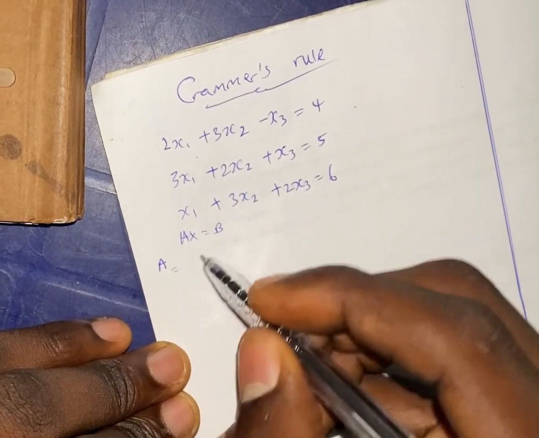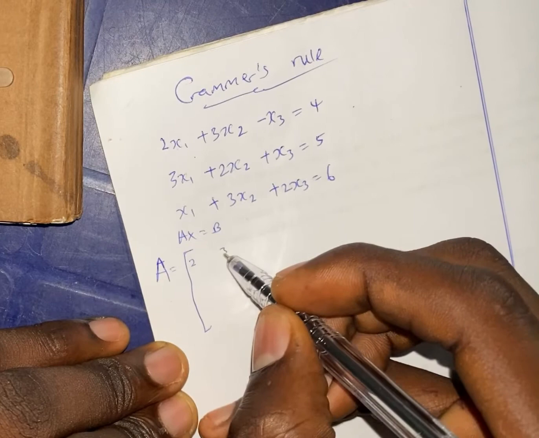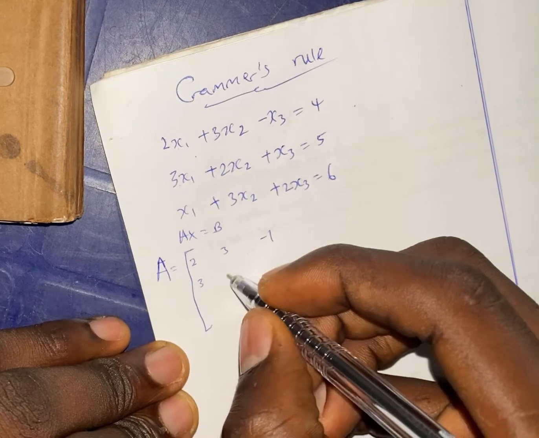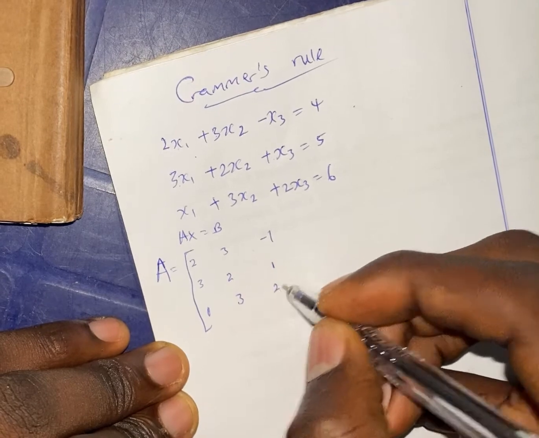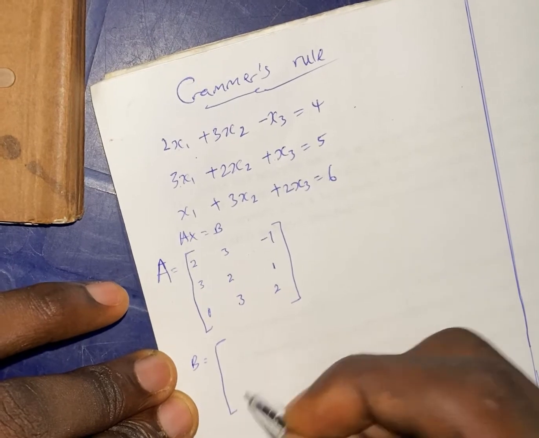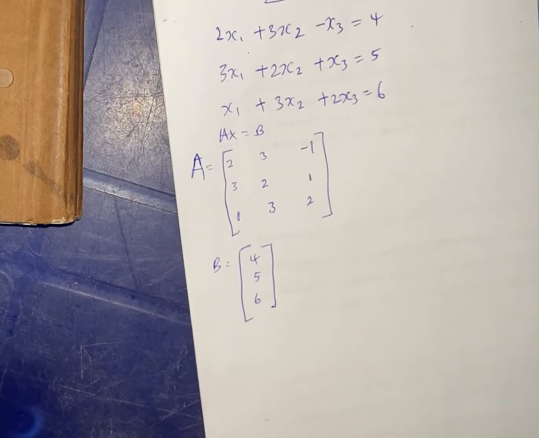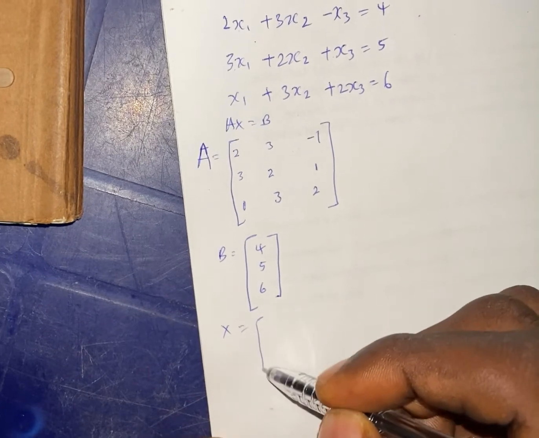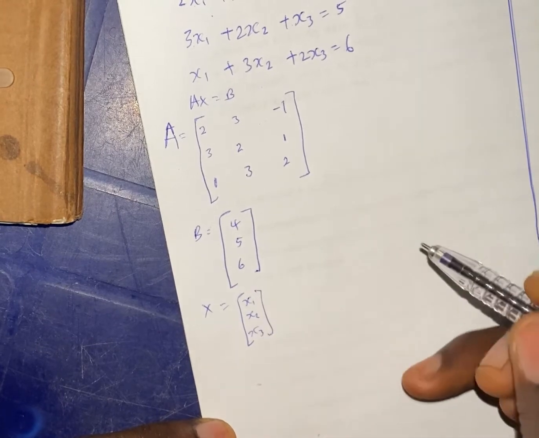A equals 2, 3, minus 1, then 3, 2, 1, then 1, 3, 2. And our b equals 4, 5 and 6. Our x is still x1, x2, x3, the unknown values.